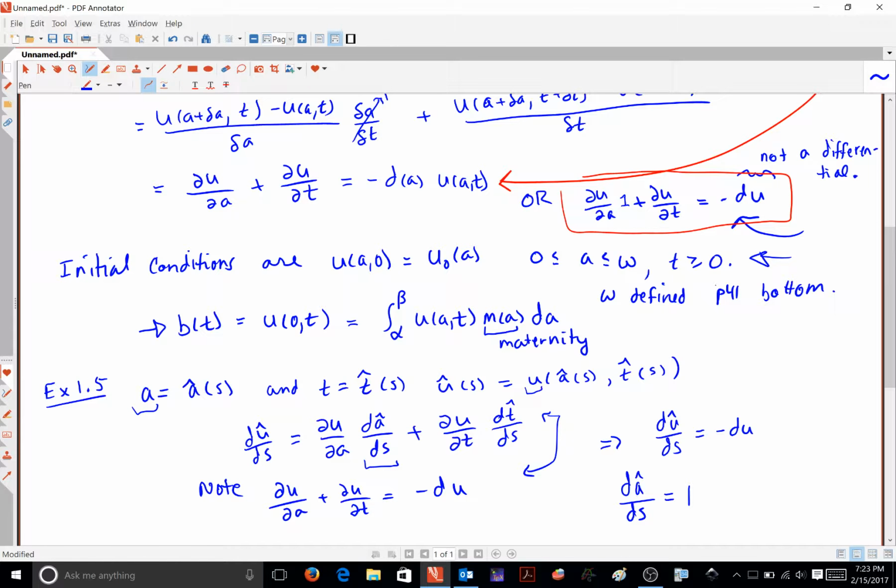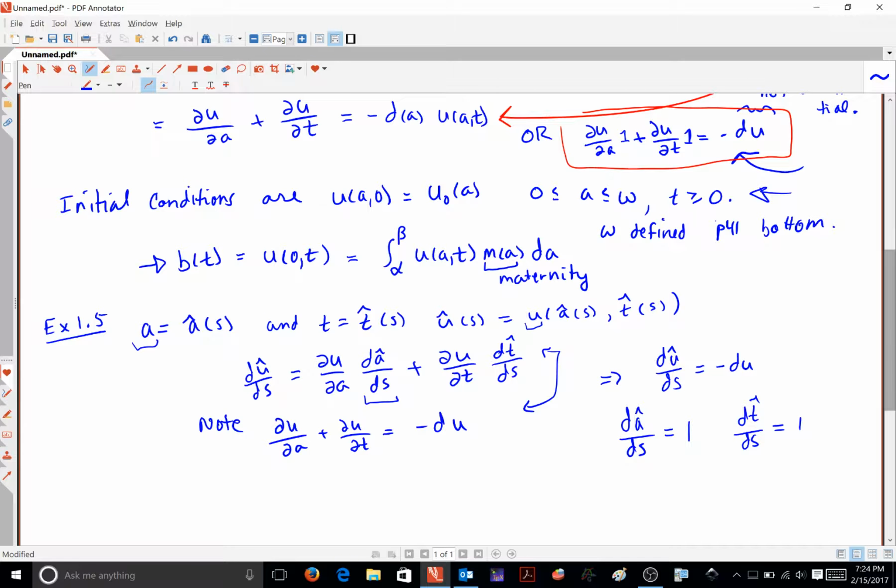Similarly with the dt hat/ds, you also get that to be equal to 1 right there. So then if you solve these three equations right here, you'll get your solution.